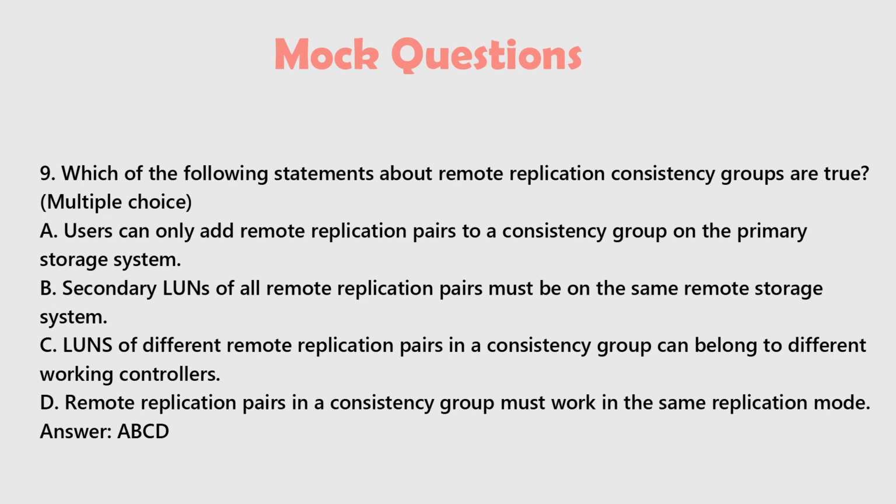C. LUNs of different remote replication pairs in a consistency group can belong to different working controllers. D. Remote replication pairs in a consistency group must work in the same replication mode. Answer: A, B, C, D.